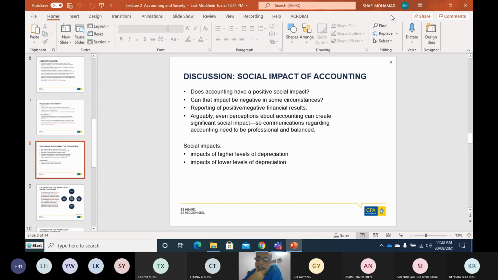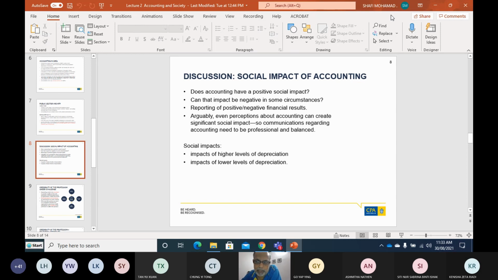Basically, what I'm trying to say here is, accounting is not black and white. There are many areas, and the most common one is depreciation, where we can, quote unquote, play around with depreciation according to our bottom line situation.